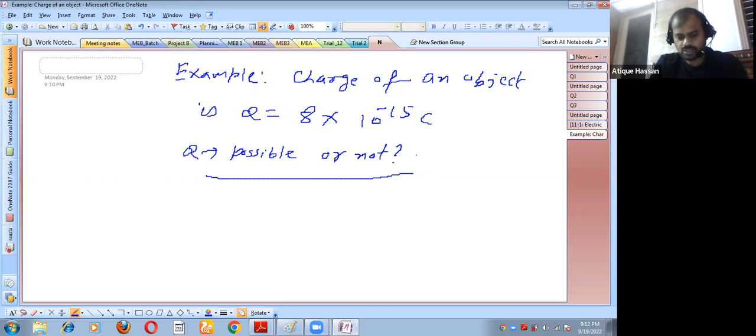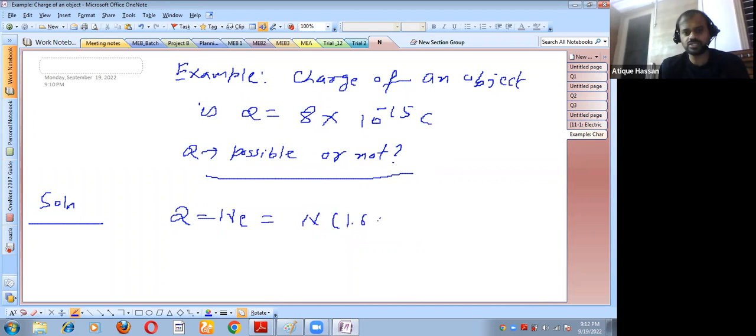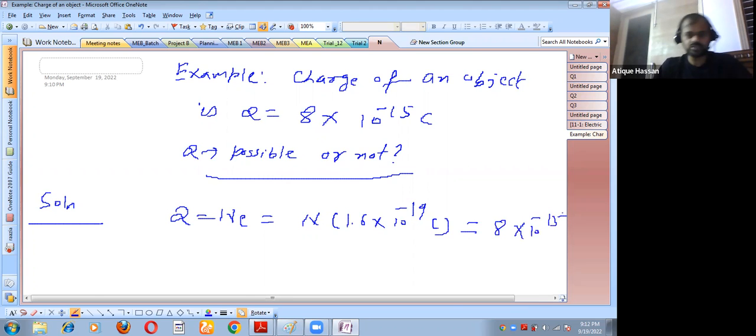So we will equate it with n into e. What is the value of e? Sir, it is 1.6 into 10 to the power minus 19. Right? And we will put that equal to 8 into 10 to the power minus 15. So you calculate n. What is the value of n you are getting? Tell me.